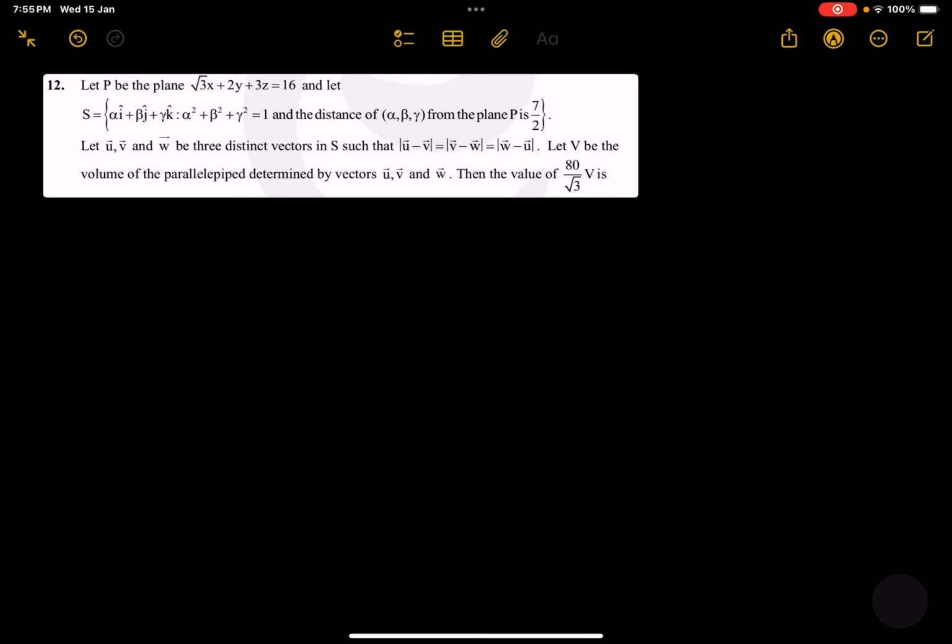So here's a question from vectors, and I'll have to say 3D geometry.